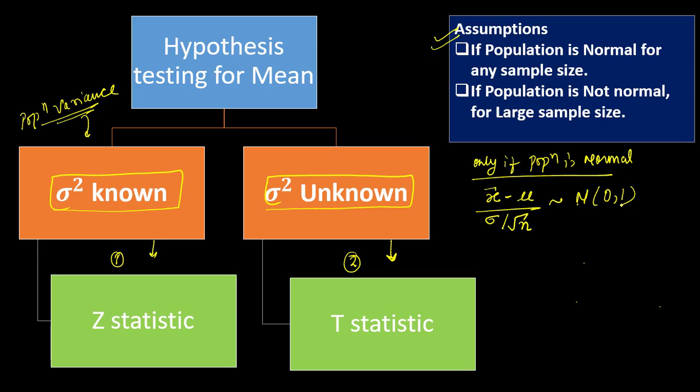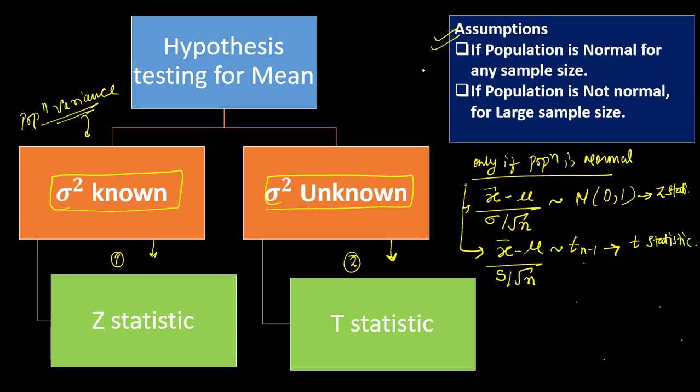So if this is the case we are going to use the z statistic. And if the population is normal, then x bar minus mu divided by the standard deviation of the sample divided by root n follows the t n minus 1 distribution. So here we use the t statistic.